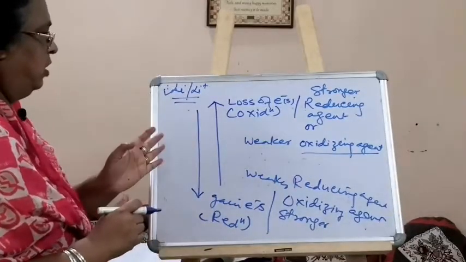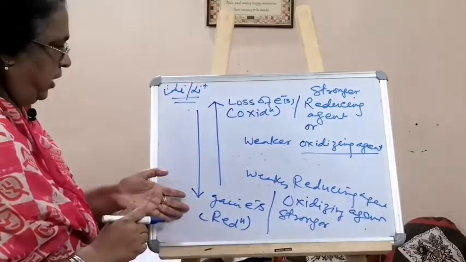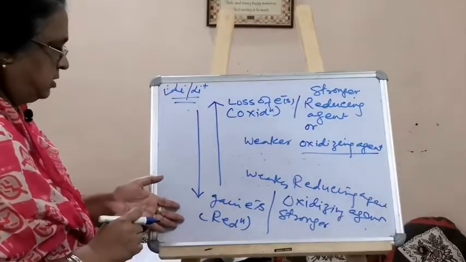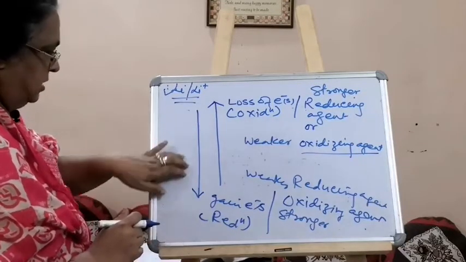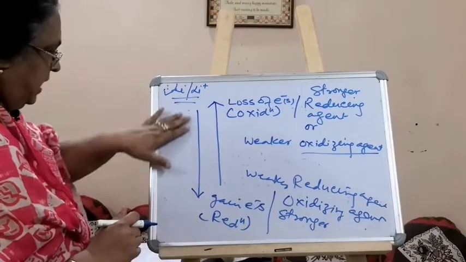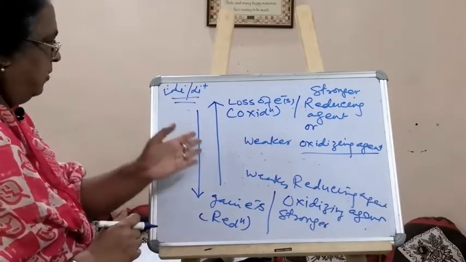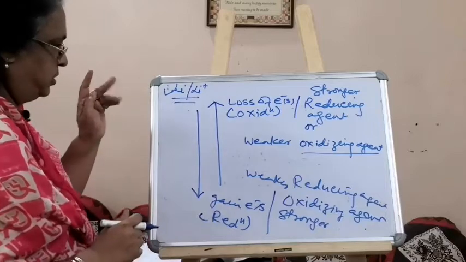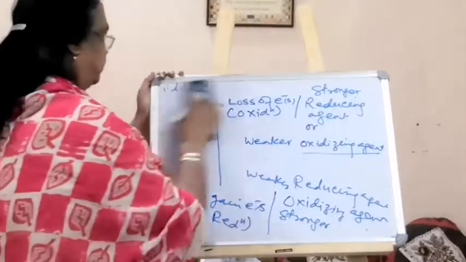So remember that on moving top to bottom, when we are moving down, that is gain of electron is increasing, reduction process is increasing. We are moving up, oxidation process is increasing. So remember that and you can apply it.